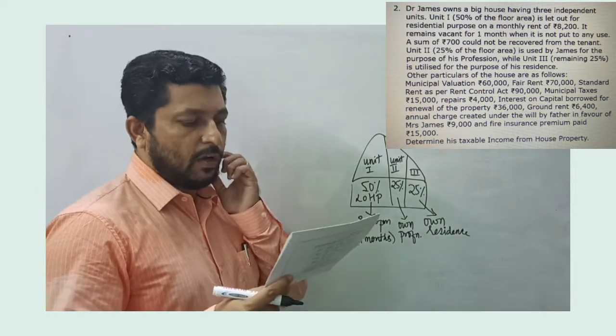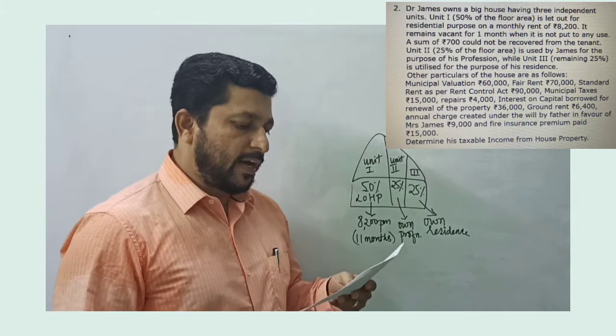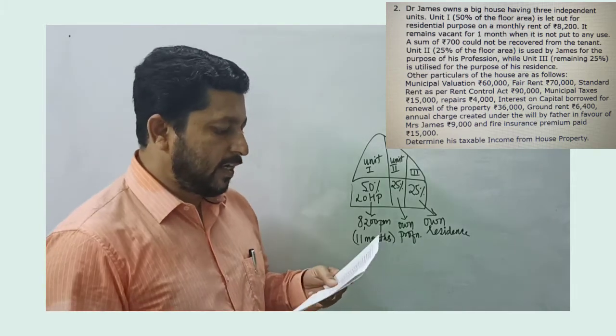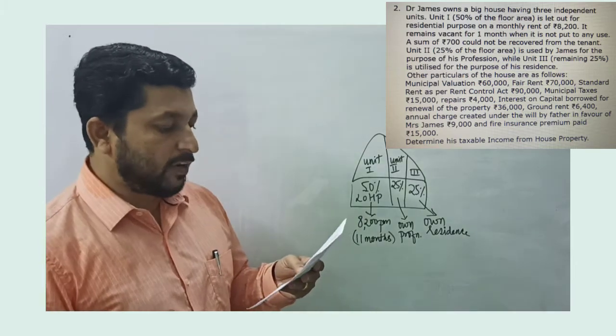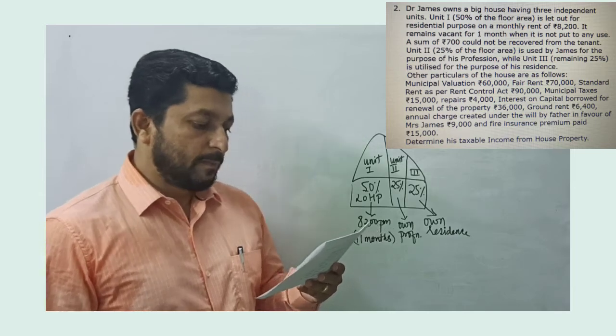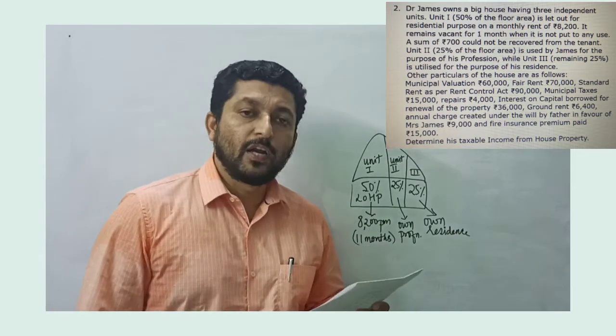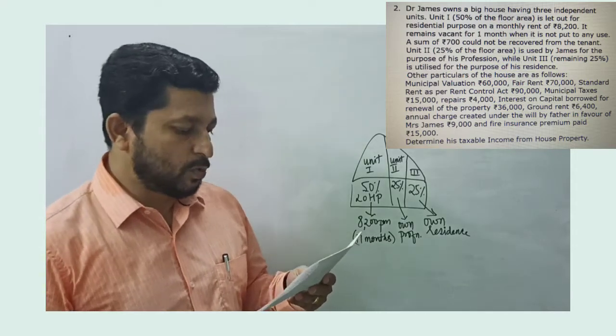Other particulars of the house are as follows. Municipal valuation is 60,000, fair rent is 70,000, standard rent as per Rent Control Act is 90,000, municipal taxes 15,000, we assume it's paid, repairs is 4,000 rupees, interest on capital borrowed for renewal of a property 36,000, it is just like interest on housing loan.